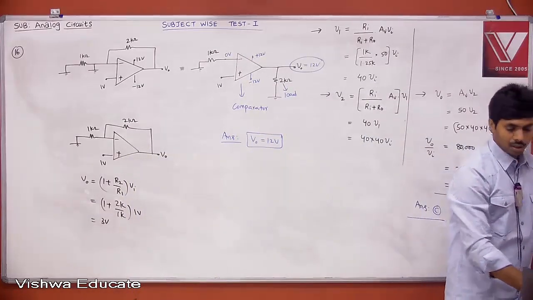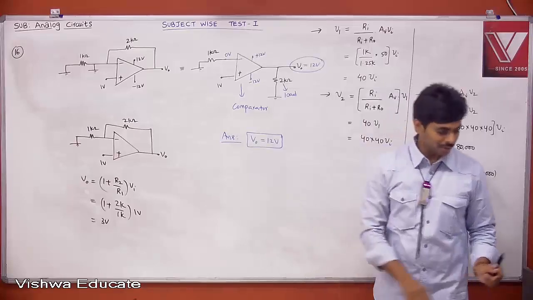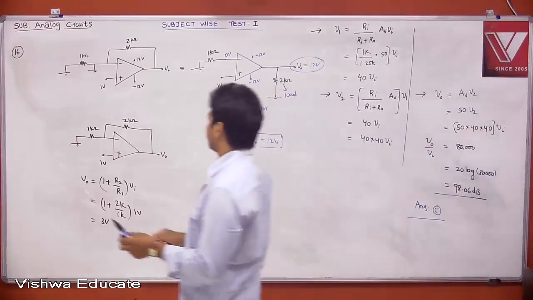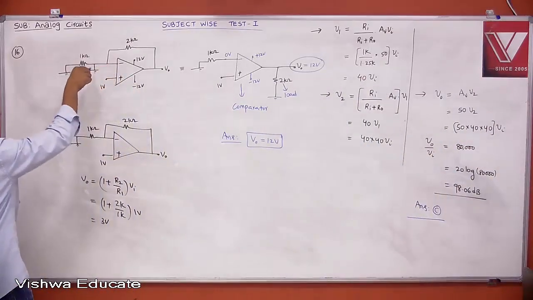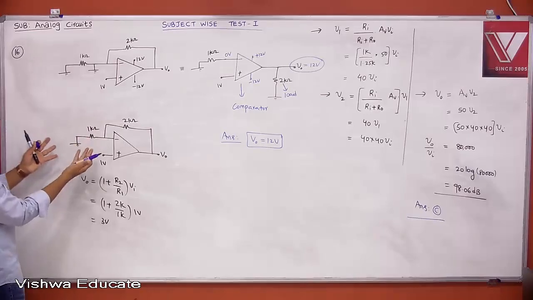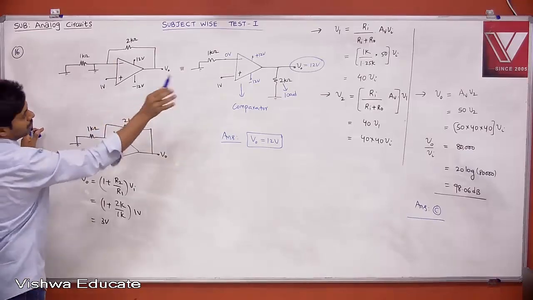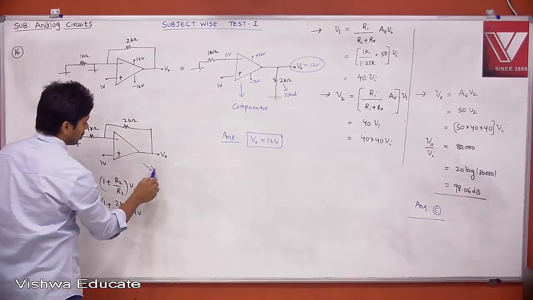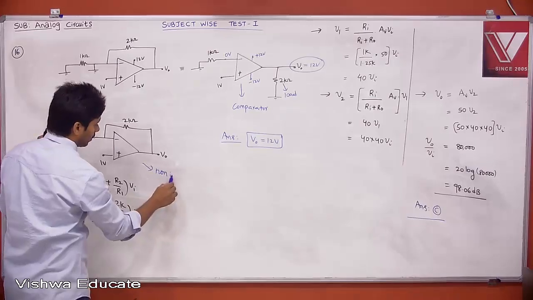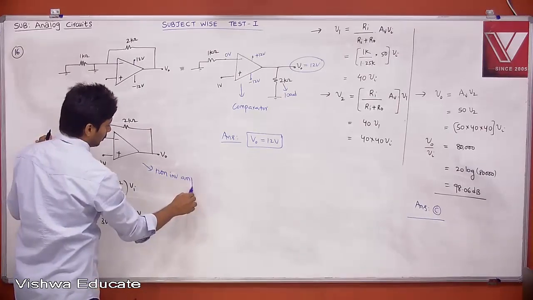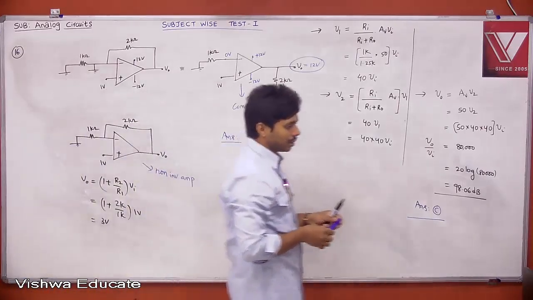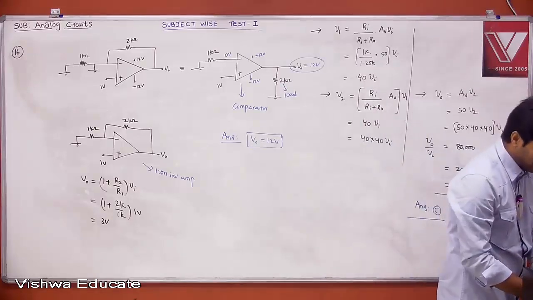Don't be confused. This is nothing but your non-inverting amplifier. Normally, typically this is a non-inverting amplifier like this. But because of the ground, it is not a non-inverting amplifier. Okay? I'll give you 30 seconds time. Then after that we will see problem number 17.